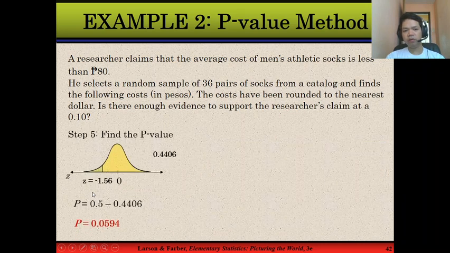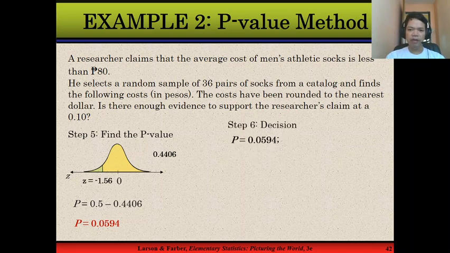Kaya itsura ng iyong curve, ito left tail. At negative yung value. Okay? So, ang area nito, para makuha ko siya, isa-subtract mo lang lagi dun sa 0.5. Pag ginamit mo yung table natin, laging minus 0.5. So, ang p-value is 0.0594.